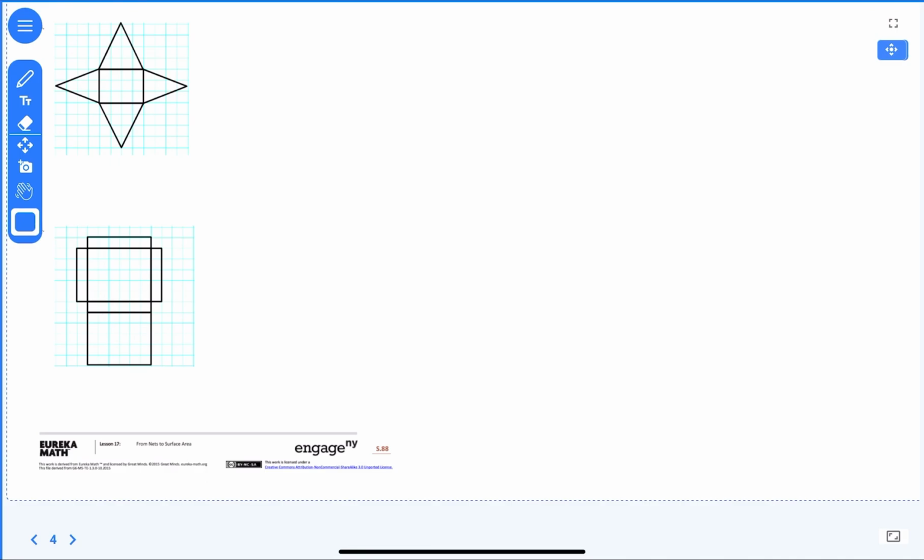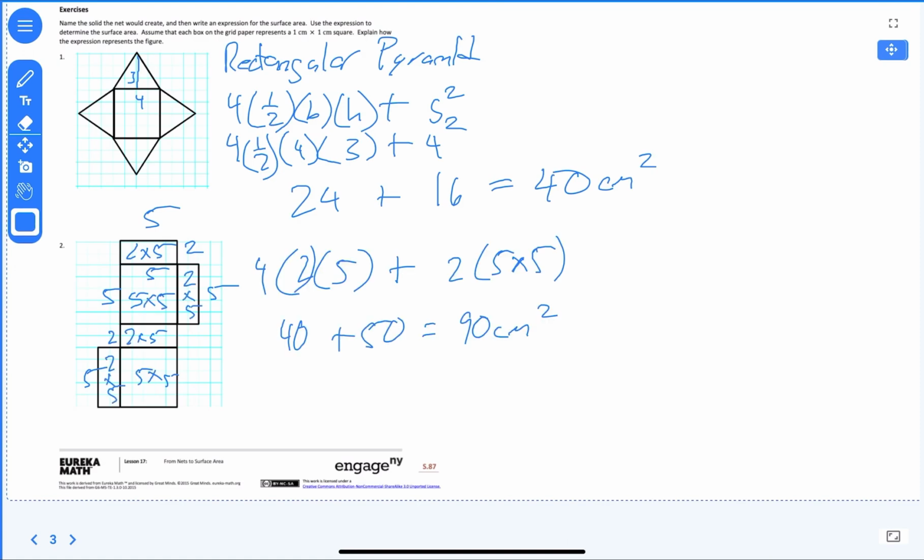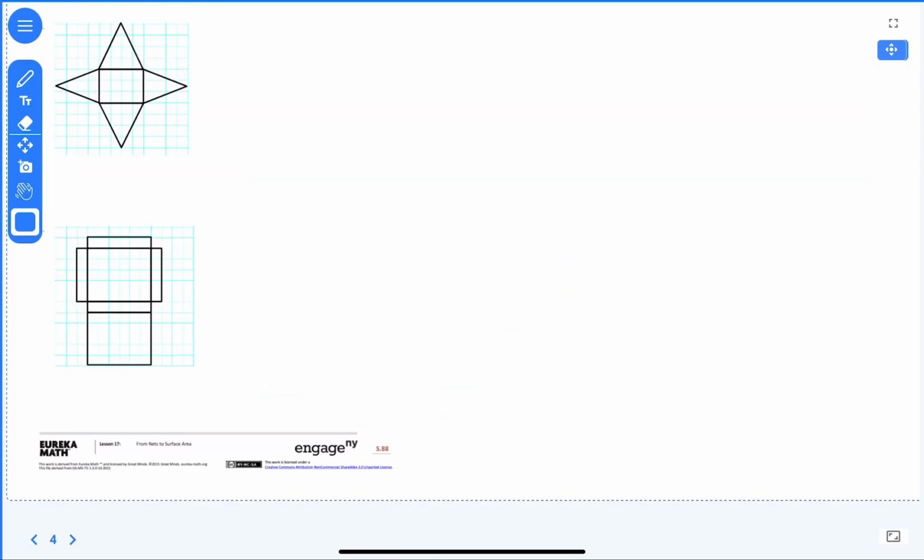All right. What is this shape? Oh, wait. We didn't talk about the last shape. What was the last shape called? Yep, rectangular prism. All right.